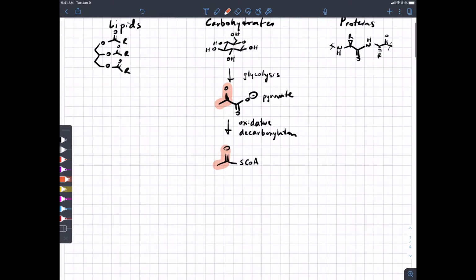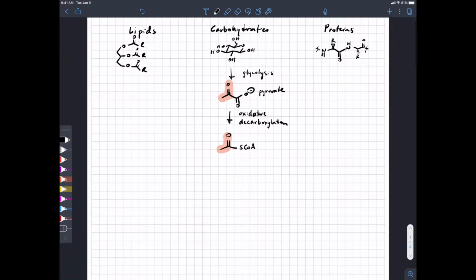We care about acetyl-CoA because that gets shunted into what's called the citric acid cycle, or the Krebs cycle, and this occurs in mitochondria.